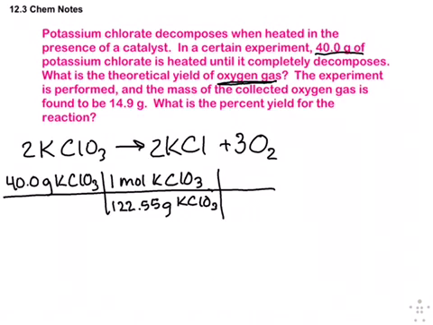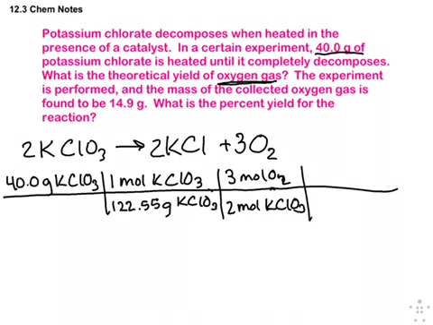And then we can use our mole ratio to convert from the moles of potassium chlorate into the moles of oxygen gas, 2 moles of potassium chlorate to 3 moles of oxygen gas. And then you can take your 1 mole of oxygen gas into grams of oxygen gas, 32.00.